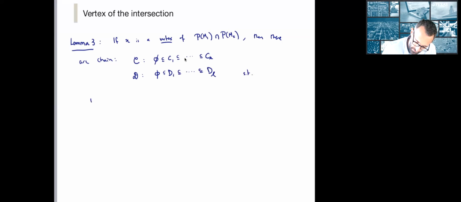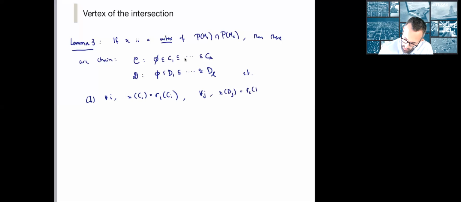First, for any I, x of C_I equals r1 of C_I. In other words, the C's are tight with respect to r1. And again, everything is in reference to the particular point x that we're dealing with. And similarly for the D's, for any J, x of D_J is equal to r2 of D_J.